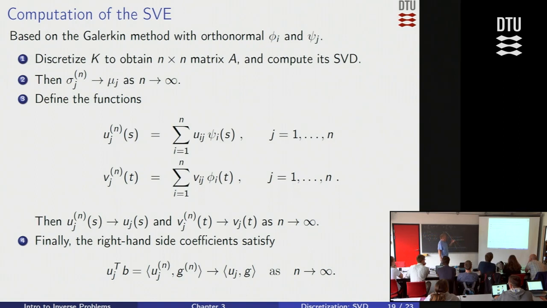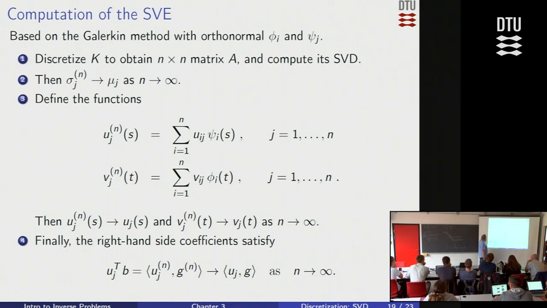All right. So you choose your basis functions, the phi and the psi functions. You discretize your kernel to obtain the matrix A. And then the theory, I'm not going to go through the theory, I'm just summarizing the results. Again, you can look in the book to see more about the theory.